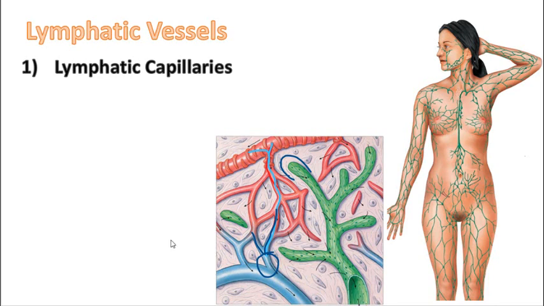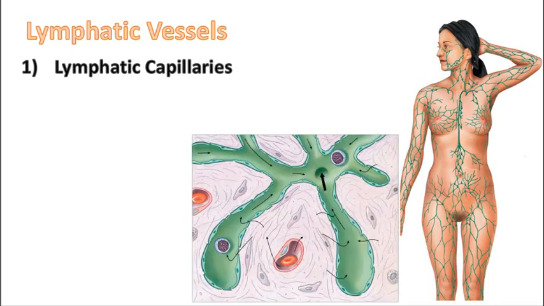and they're more permeable compared to the blood capillaries. In this picture, this one represents the cells over here, and everything else that you see over here basically represents the lymphatic.